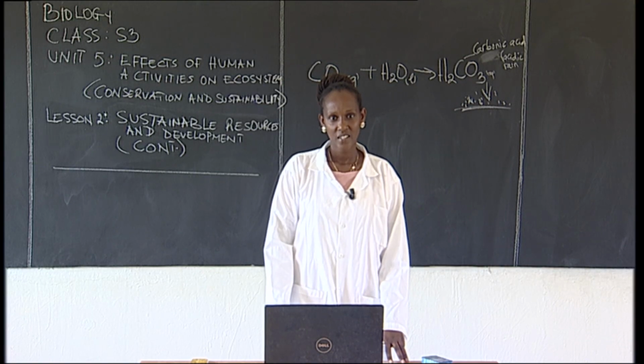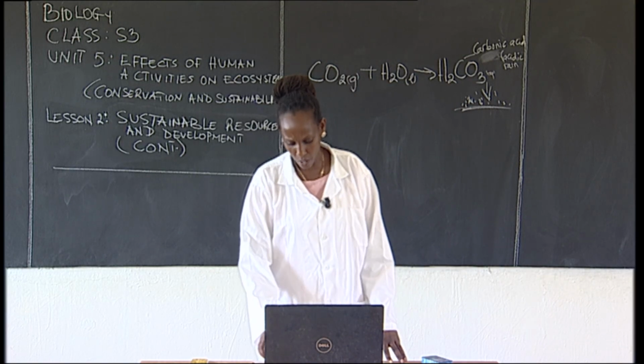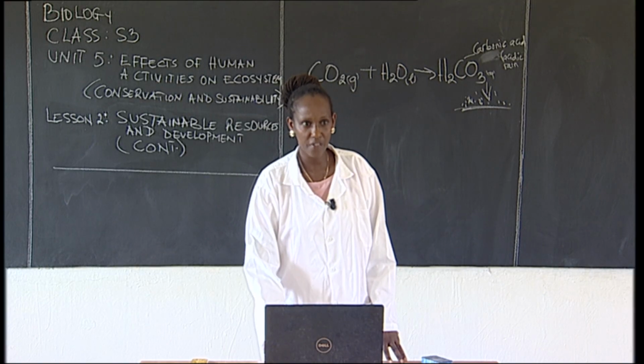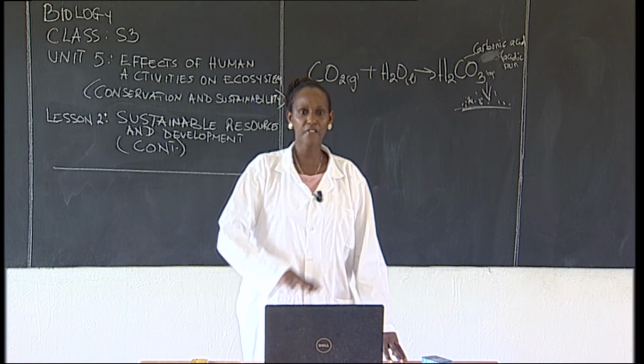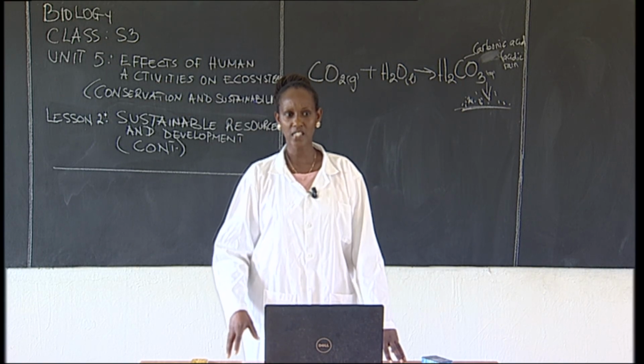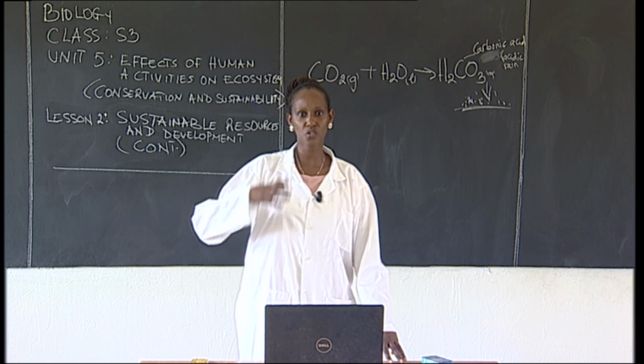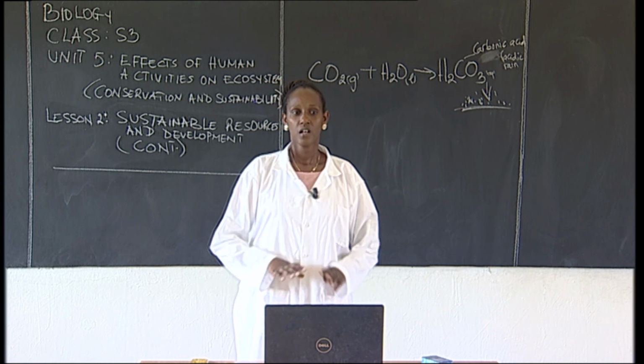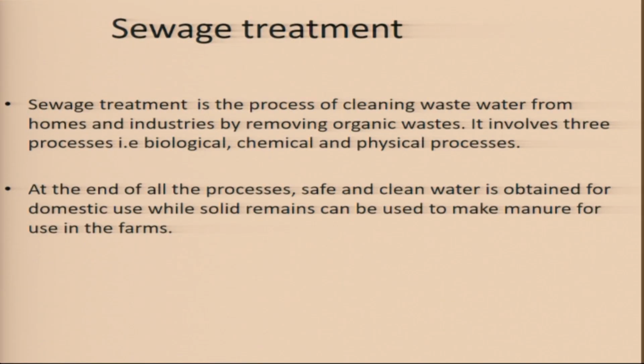All right? Good. And now, after all that process, that is biological, chemical, and physical processes of treating water, safe and clean water is obtained for domestic use, while the solid remains can be used to make manure for use in the farms.